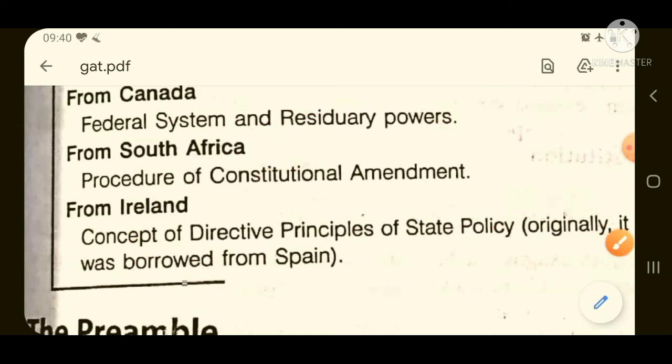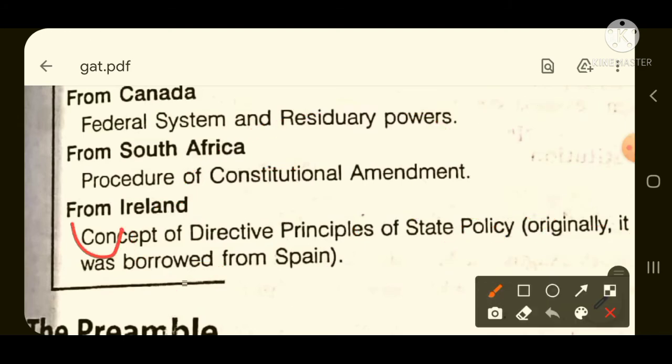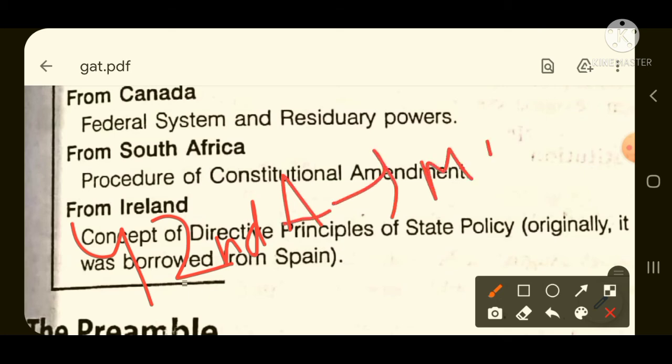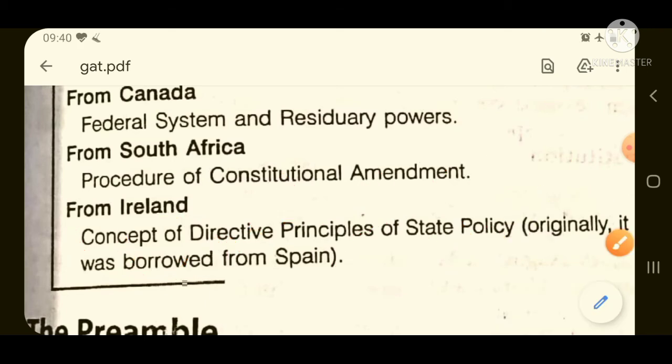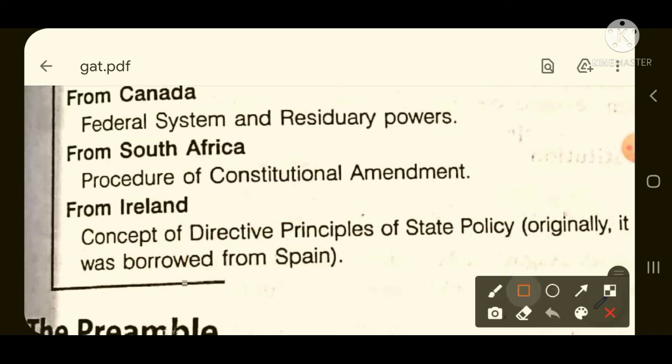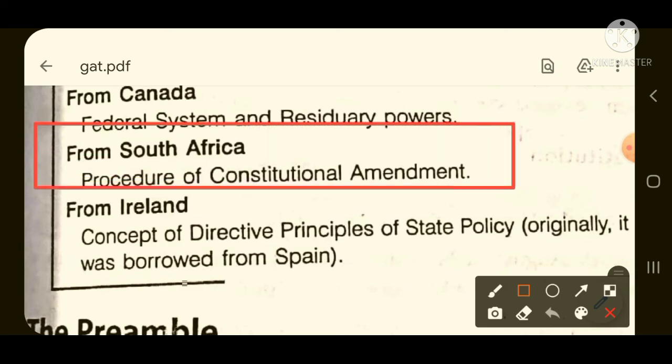One more name is given to this amendment: the 42nd Amendment is also called the Mini Constitution of India. This provision of constitutional amendment we have borrowed from the country of South Africa.